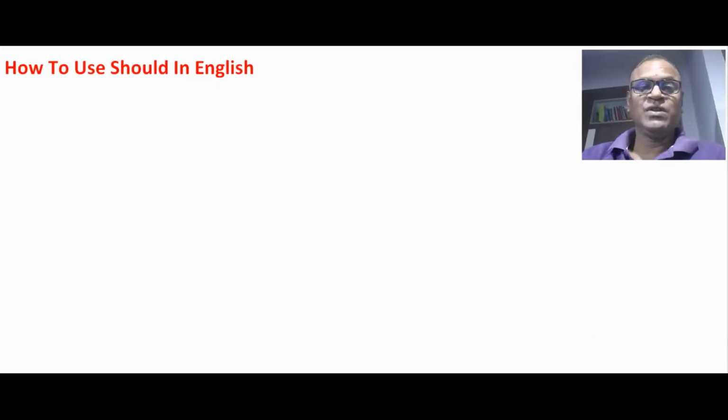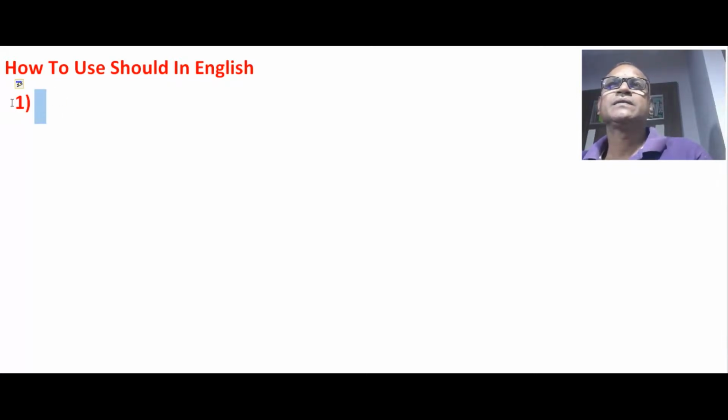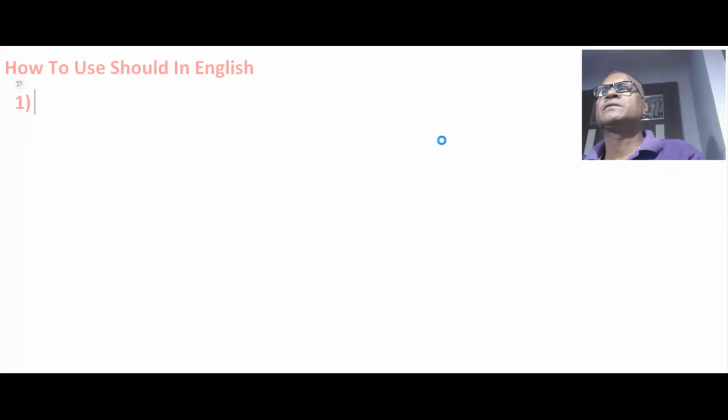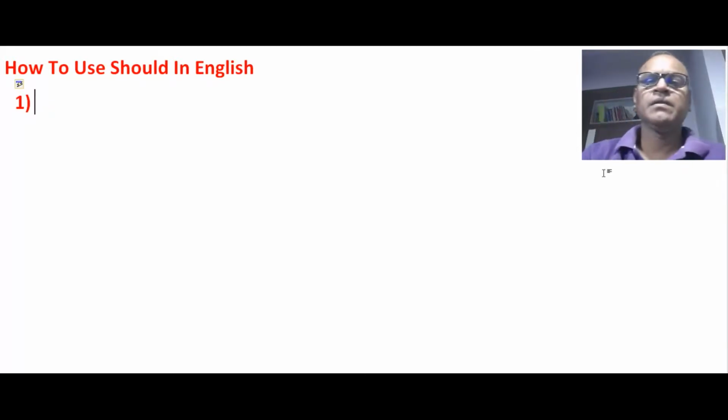Okay, so the first use of should. You know the structure: subject, modal plus V1 plus object.